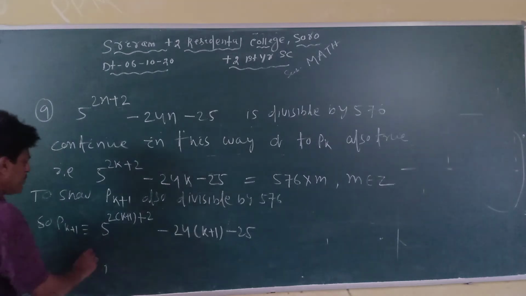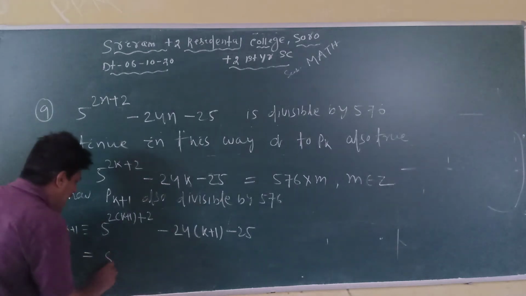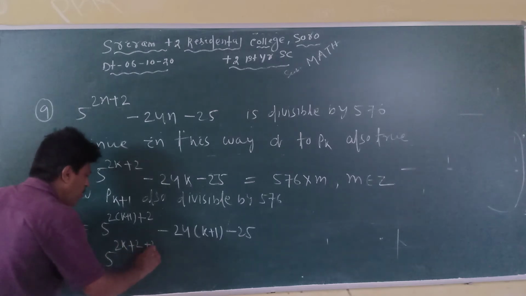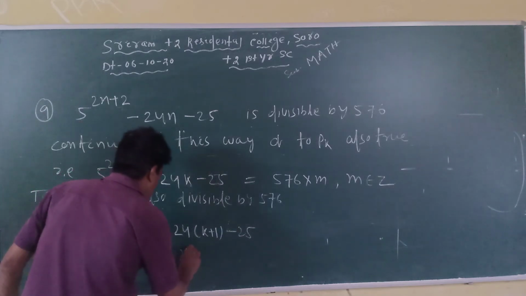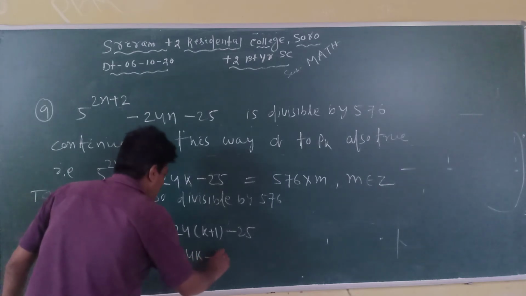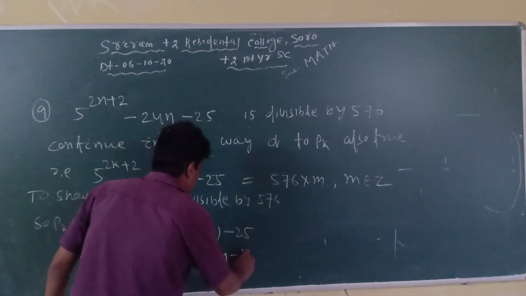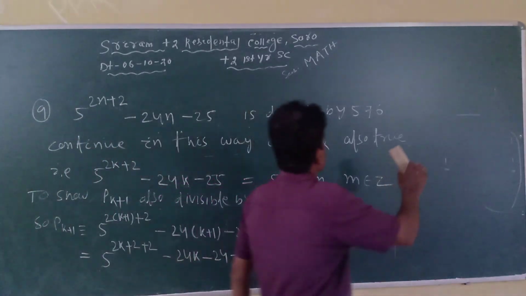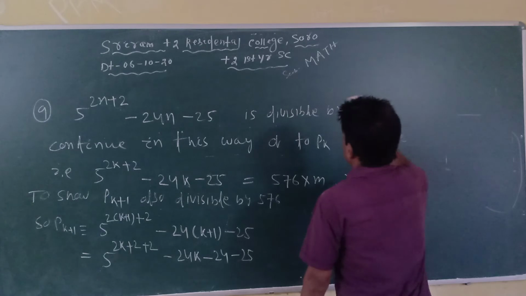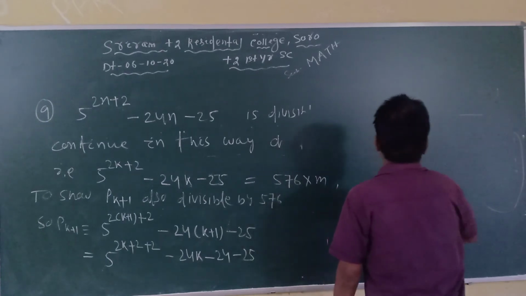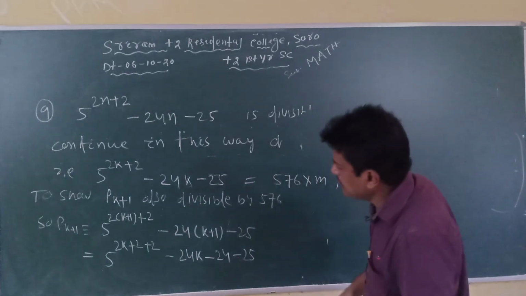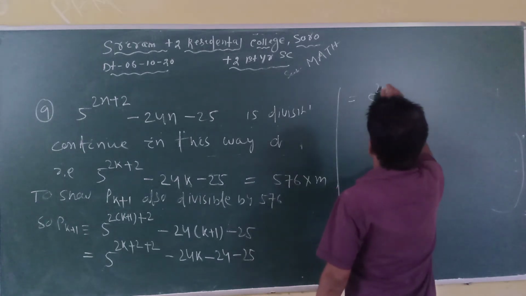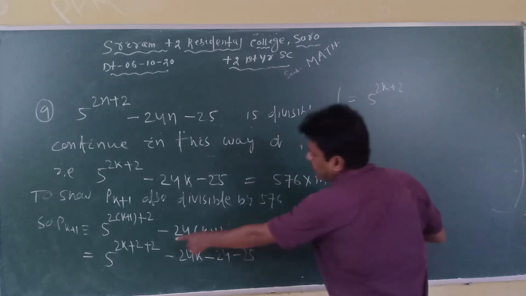Look, that equals 5 to the power 2k plus 2, minus 24k, minus 25. Here, 5 to the power 2k, not adding 2 plus 2 is equal to 4.